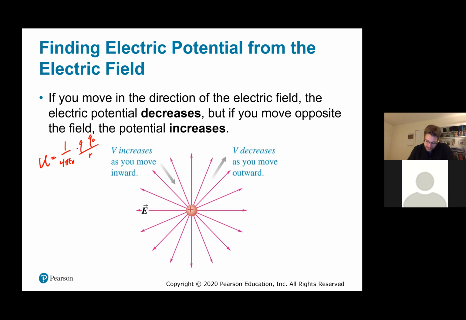Charge Q in this case is positive. As we move away from the positive charge, if we are a positive charge, that's the way the field wants us to go.